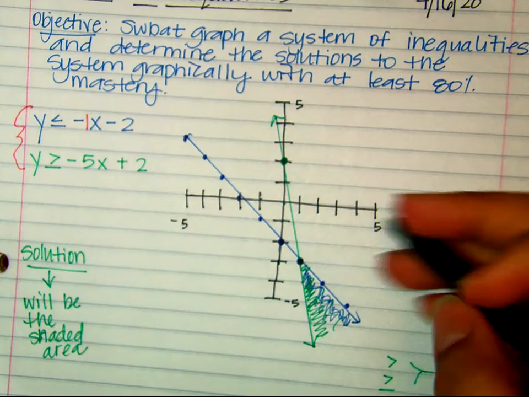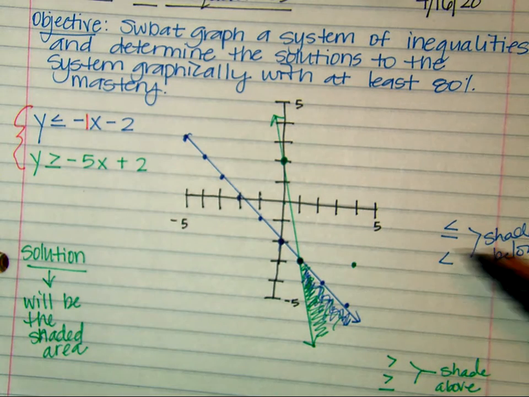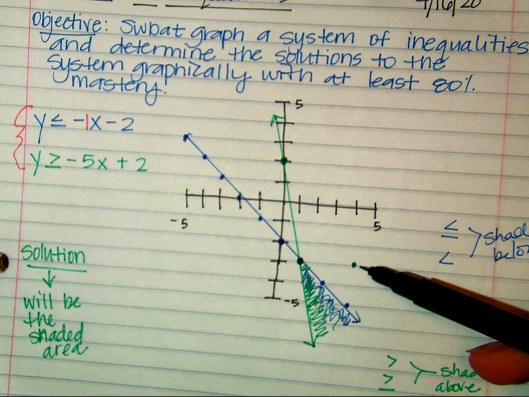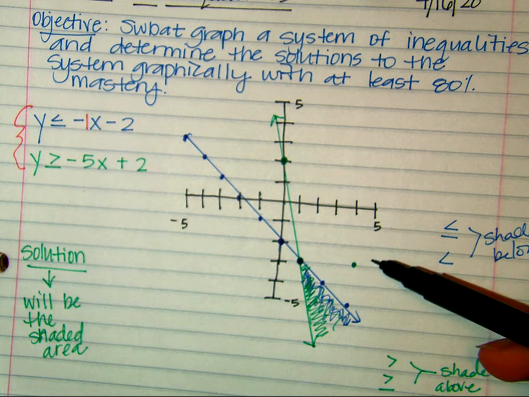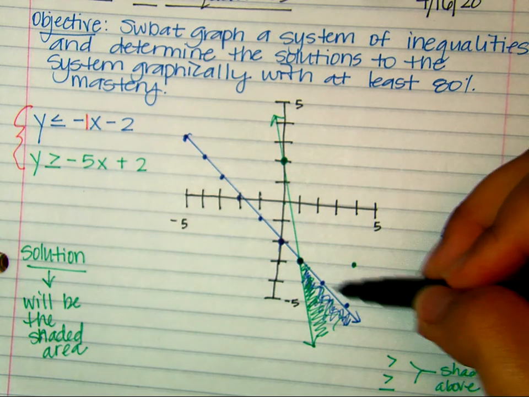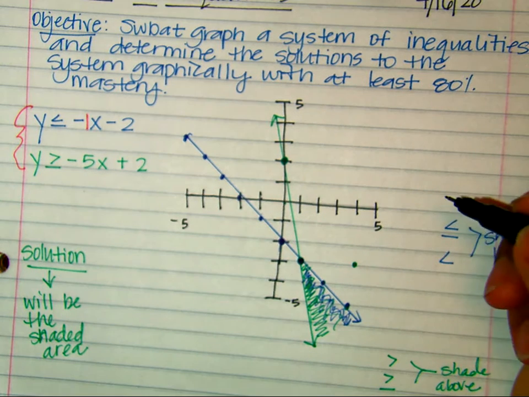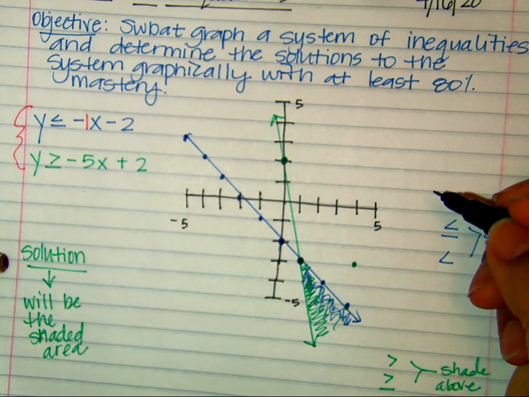So if you had a point that was plotted right here, that is an outlier. That would not be a solution for this system of inequalities. And because these lines are solid, any points that are on this line would also be solutions of this inequality.